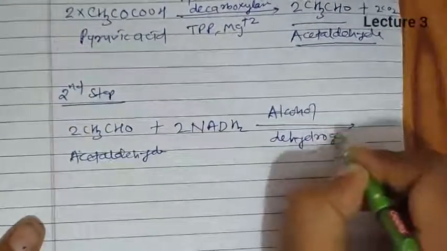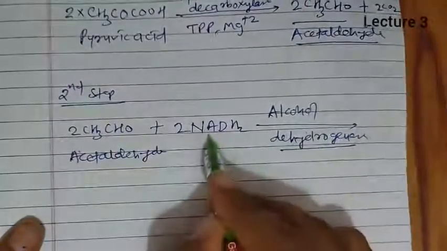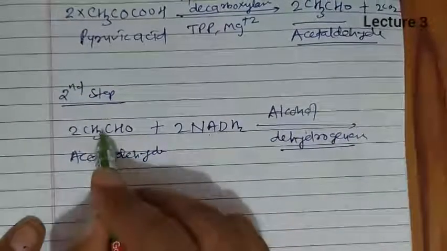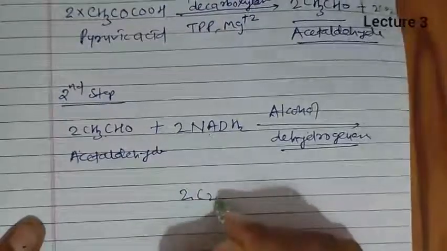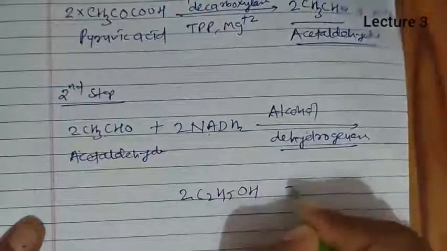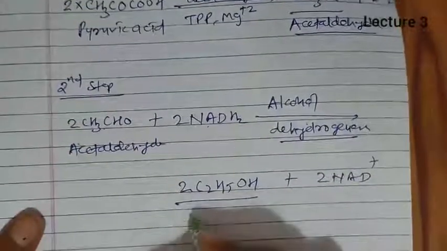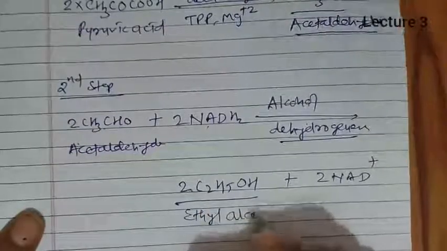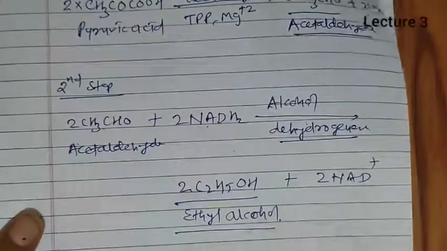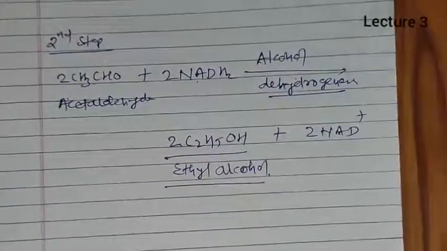NADH2 breaks into NAD and H plus, and the H plus is received to form 2C2H5OH plus 2NAD plus. C2H5OH is nothing but ethyl alcohol. In this way, in two steps, ethyl alcohol is formed.